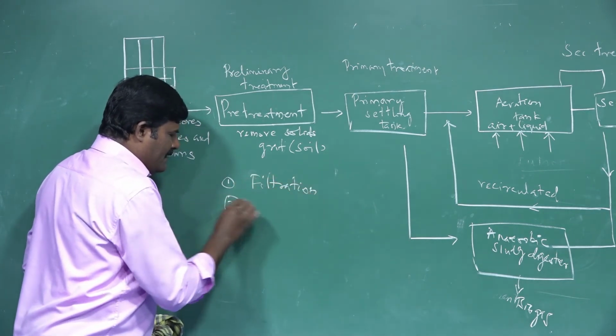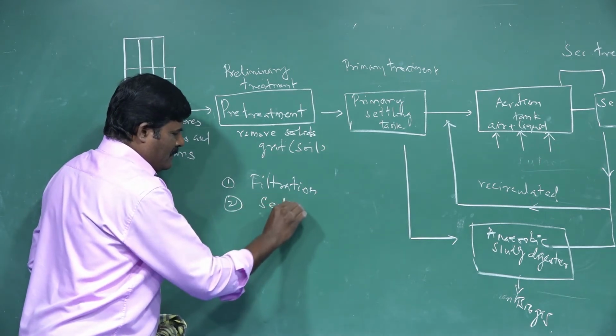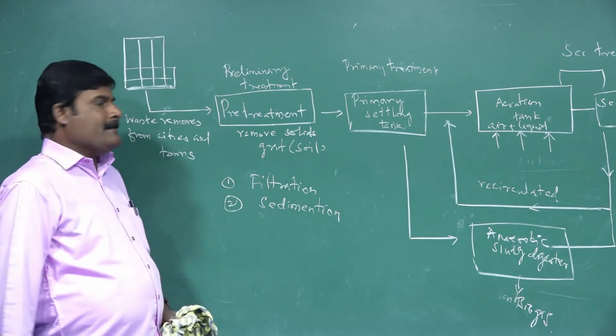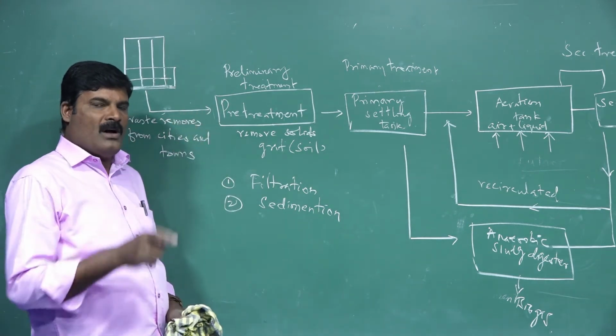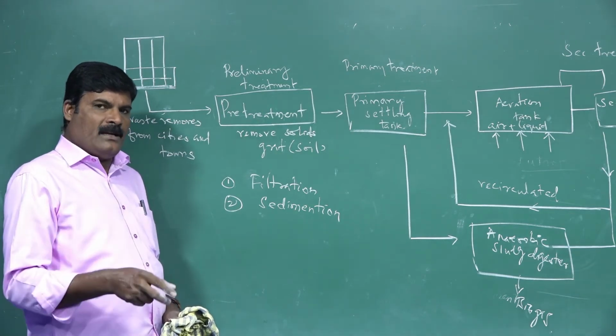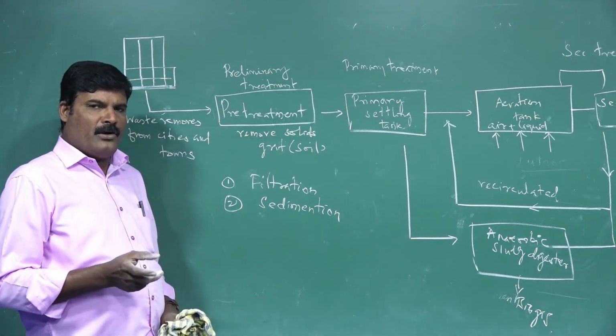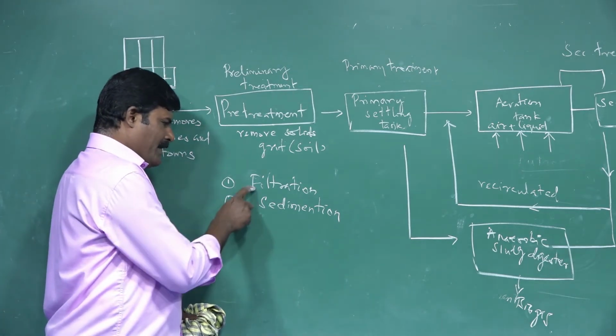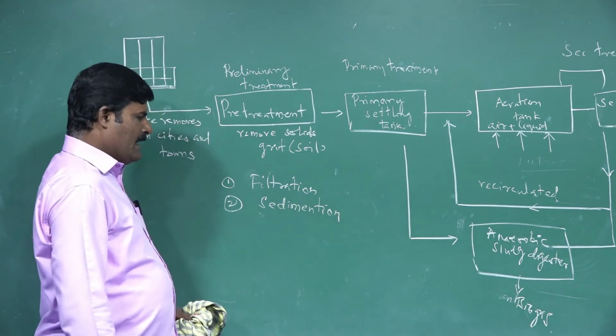The second process is sedimentation. So the question will be asked, what is primary treatment? This involves physical removal of the solids. It includes all organic and inorganic components, mainly the solids, removed by two processes. One is filtration, the second one is called sedimentation.